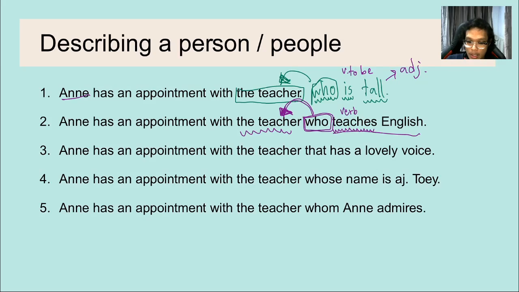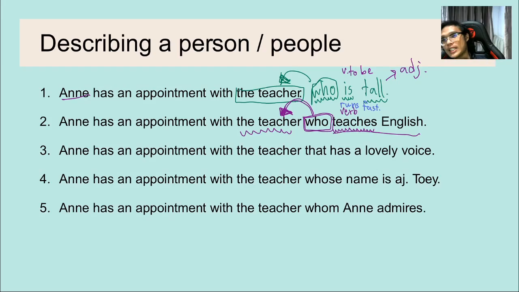It can be the teacher who runs. Maybe you don't want to use the word teach. You can use a word like run fast. So this is a hilarious example. Anne has an appointment with the teacher who runs fast, meaning that maybe Anne wants to be a runner, I don't know, but yeah, this can be an example.